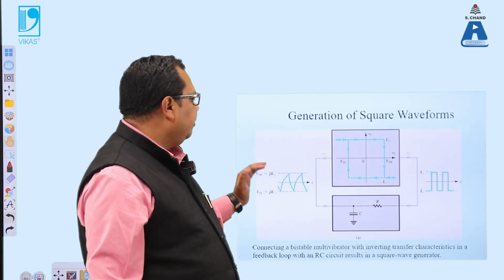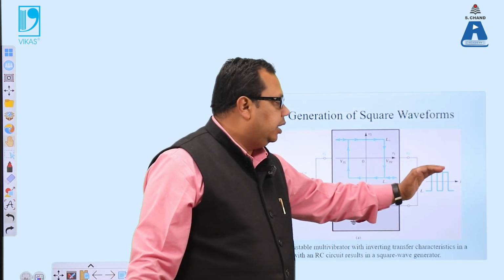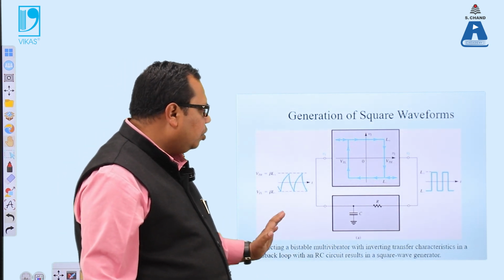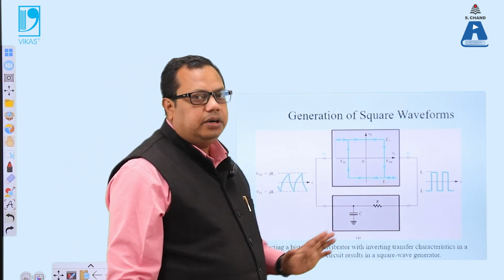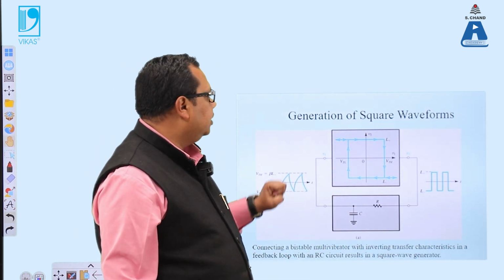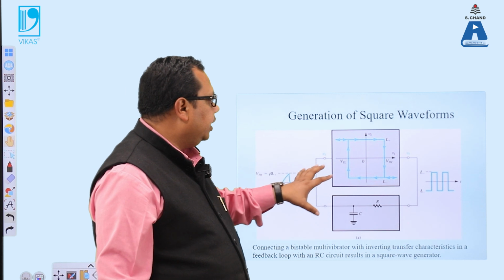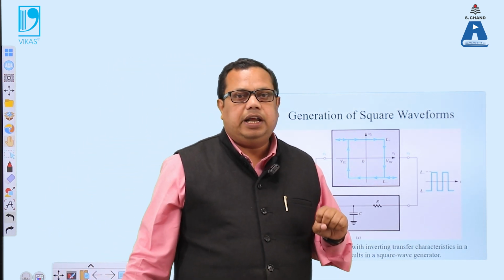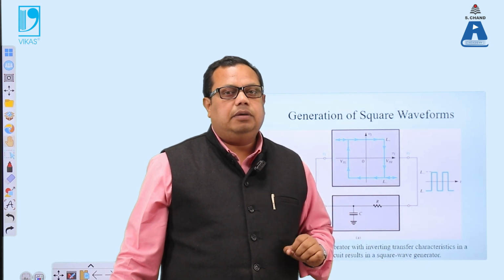The input is basically a sine wave and the output is a square wave. So this is the operational amplifier which is generally used for generating the square wave. We have studied how the operational amplifier can be used as a bistable circuit.